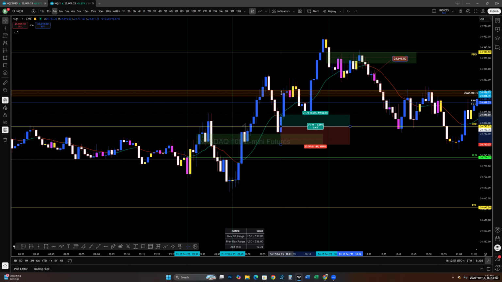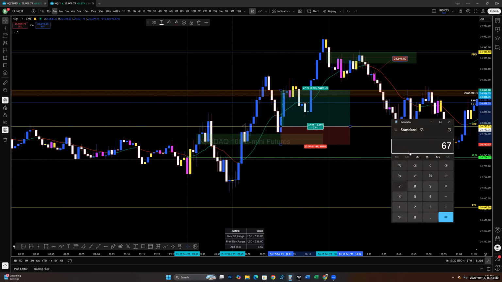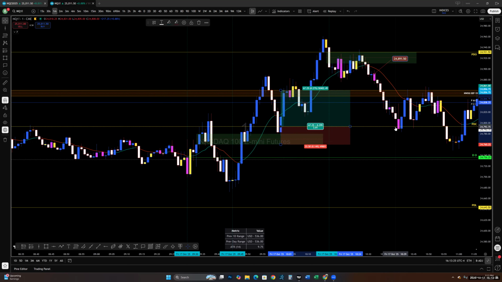So 67 points is right here. If you enter right here and took 2 to 1, you would have done almost, let's see, 67 times 20, 1340. If you're wrong and the price goes down, you would have lost $660.